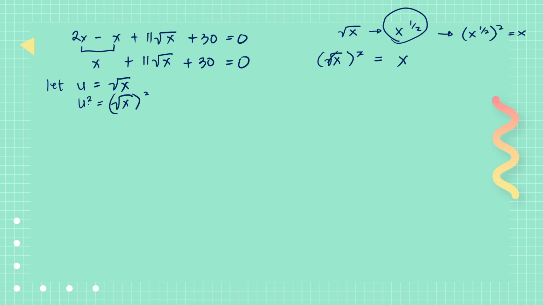Again, u is square root of x, and then squaring it will give us x. So u equals square root of x, and then u squared is equal to x. Remember that. Again, replace the variables in the given equation. So x will be u squared. So we have here u squared plus 11, and then square root of x will be u, plus 30 equals 0.